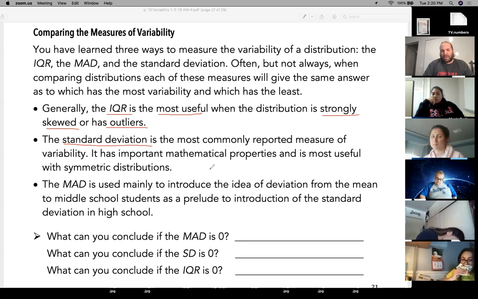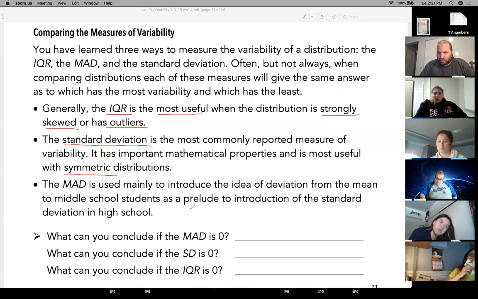It has important mathematical properties and is most useful with symmetric distributions. What does symmetric mean? Again, it means if you look at the center of the graph, does it mirror itself on both sides? Is it symmetric versus skewed one way or the other? The MAD is used mainly to introduce the idea of deviation, but is never actually used. Nobody ever uses the MAD in real life. There are no nice mathematical properties like there are for the standard deviation and the IQR.